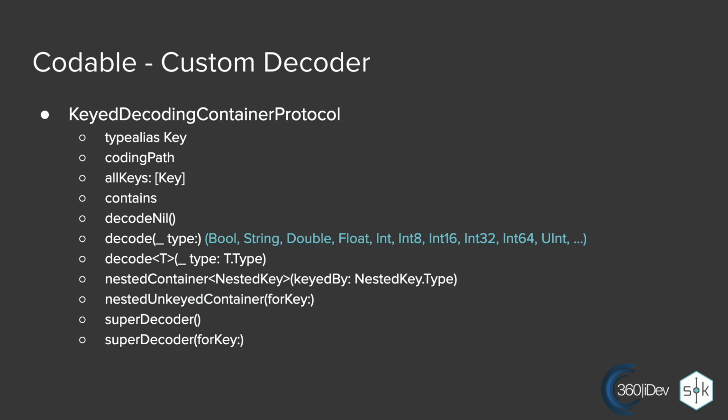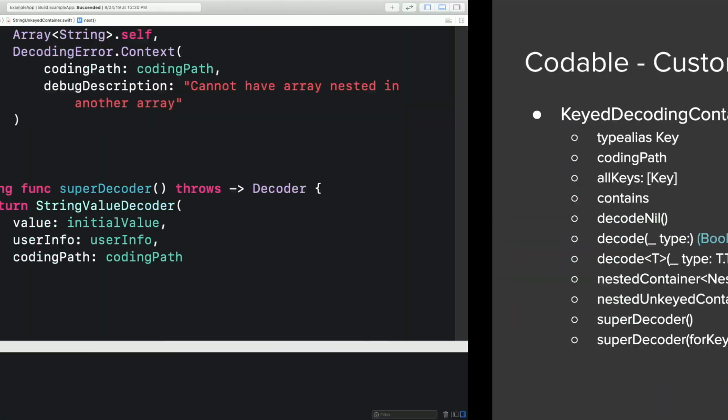And you can also ask it, does it contain a particular key? We've got all the same functions again: decode nil, decode all the different types, decode a generic type, nested container, unkeyed container, nested keyed container, super decoder, and then you can also pass it a specific key that you want to use to get the super information out of it.